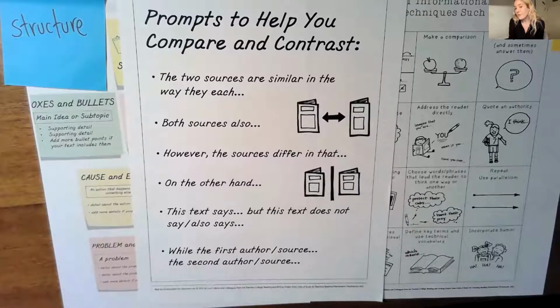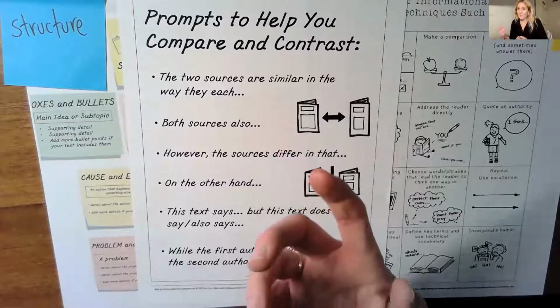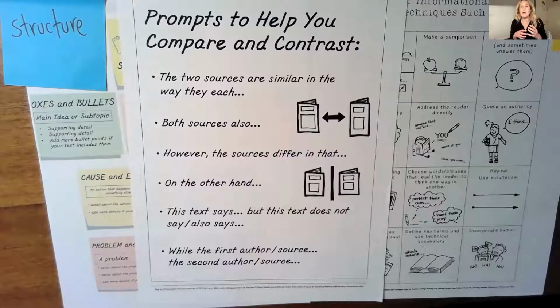However, the sources differ in that one seems to represent the let's respond to climate change movement, and the other seems to be a bit more on let's focus on different issues movement. So when I look at both sources, I realize that they're both focused on powerful youth activists, their voices, and the way that they try to address their audiences.